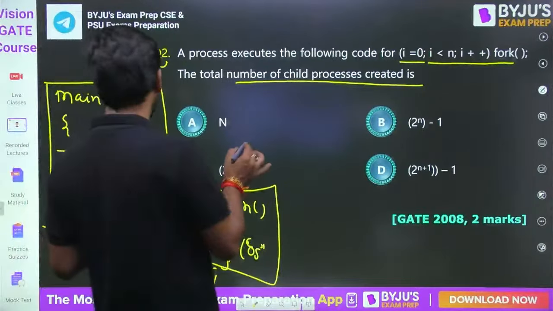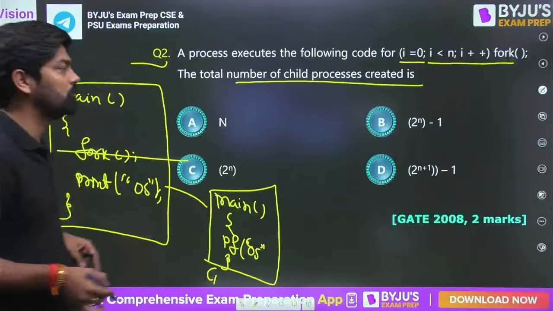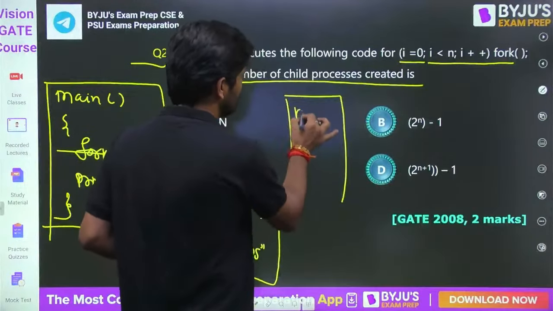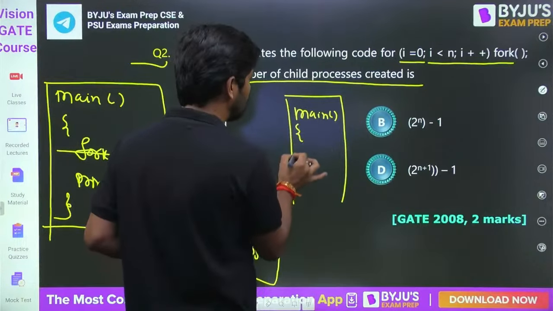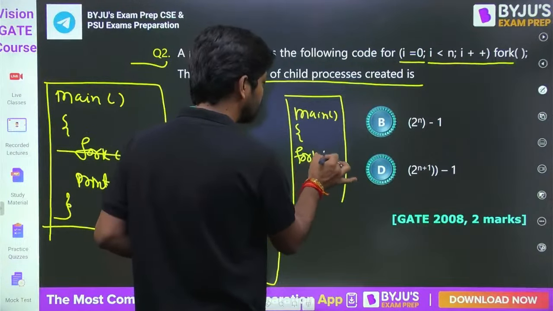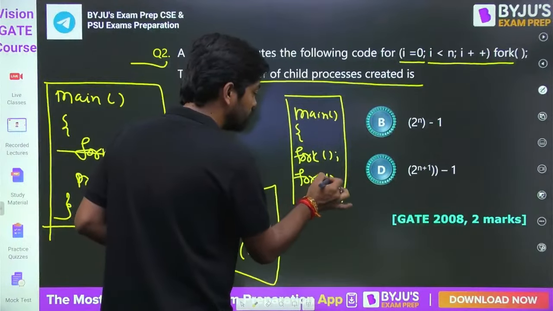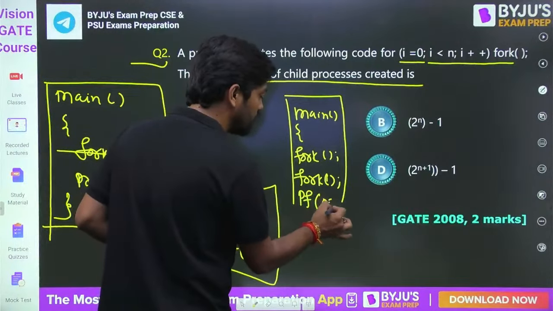See here, what happens if we have one more fork system call? Let's suppose in this main we have one more fork. Let me write it here. Main, fork, one more fork, and let's suppose printf hello or printf OS, whatever.